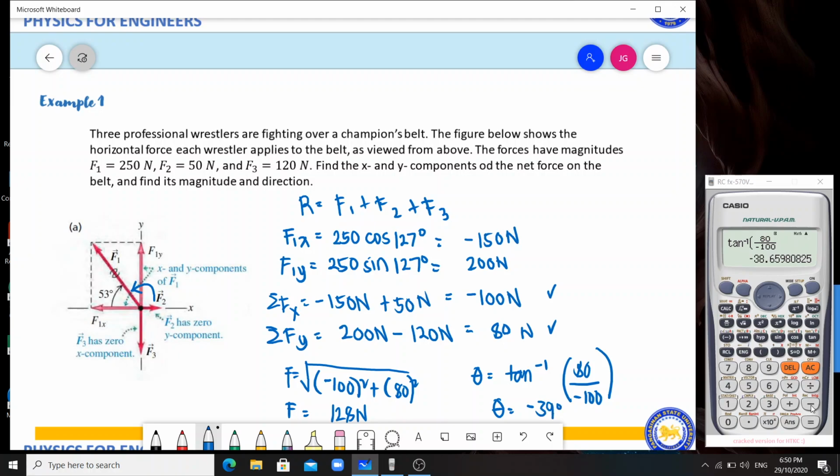Now, if we will have the final answer, this is 128 Newton.